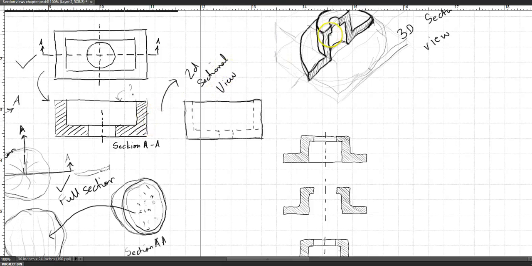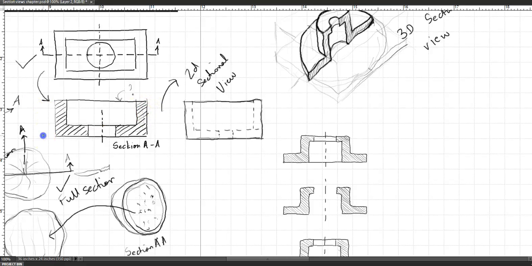Now what's the difference between these two? Obviously this is in 3D and this is in 2D. The one in 3D is mostly used for explanation, trying to explain to the client how the object looks when it's cut from the center. But when it comes to manufacturing, you will always have the 2D section view.